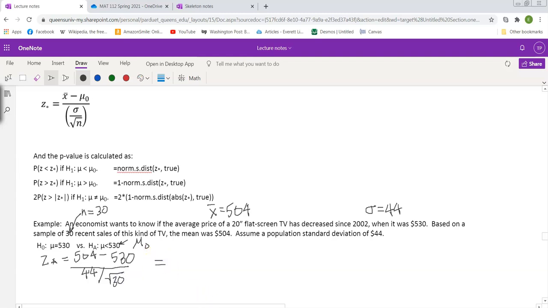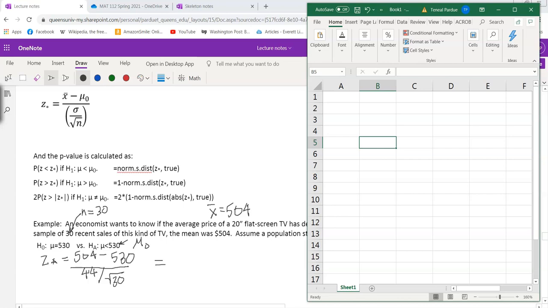And let's go over to Excel and type that in. So we need to put parentheses around the top, and parentheses around the bottom. And we also need parentheses around our square root.